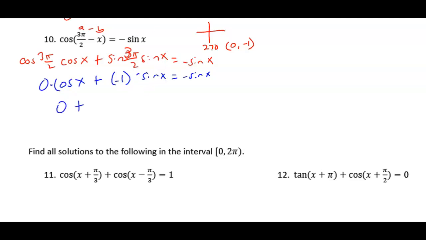Negative 1 times sine of X is going to be a negative sine. And 0 minus sine of X is negative sine of X, which equals negative sine of X. So that too is verified, all right?